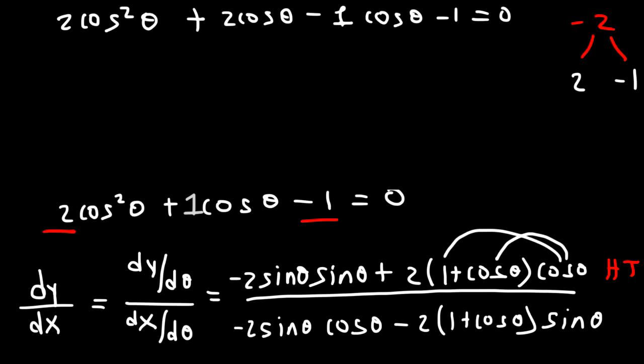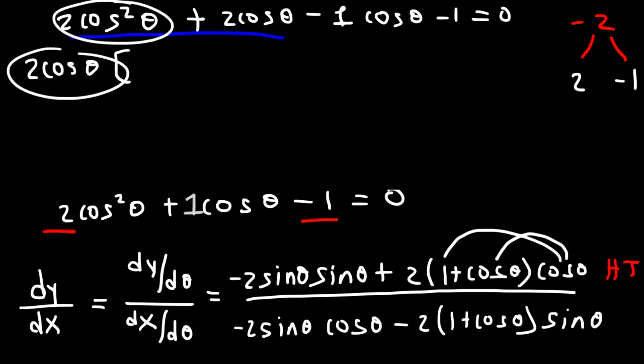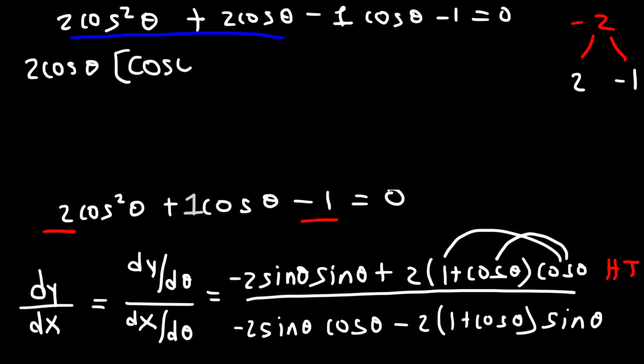In the first two terms, let's take out the GCF. The greatest common factor is 2 cos θ. 2 cos² θ divided by 2 cos θ is just cos θ. And then 2 cos θ divided by itself is plus 1. Now for the last two terms, we can factor out a negative 1.